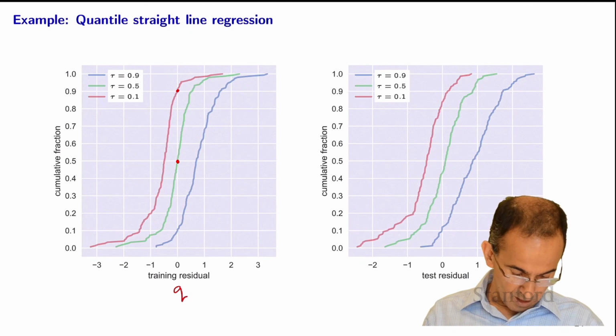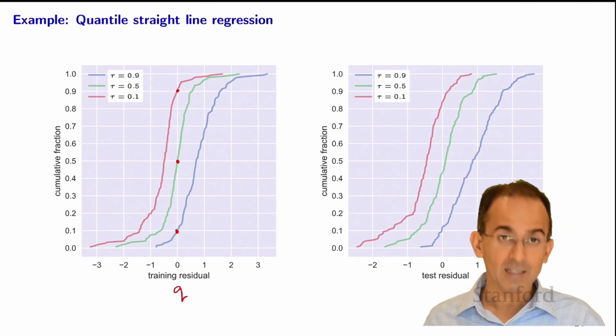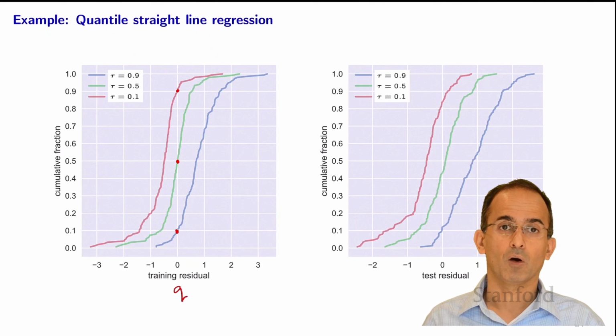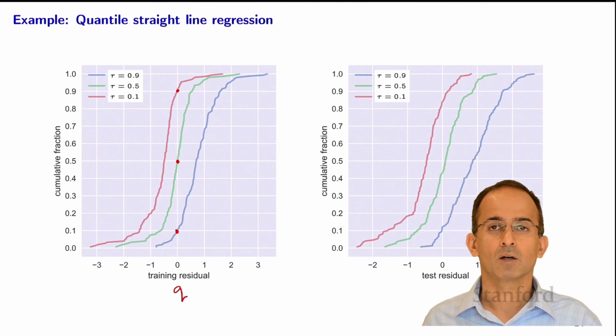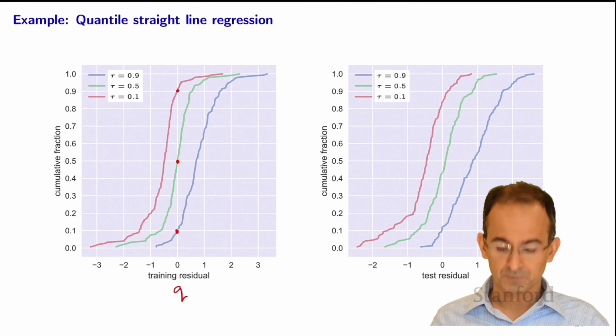When tau is 0.9, we see exactly 10% of the data points have a residual less than 0. And so here we're seeing that the quantile regression is giving us exactly the quantiles we expected it to on the training data.